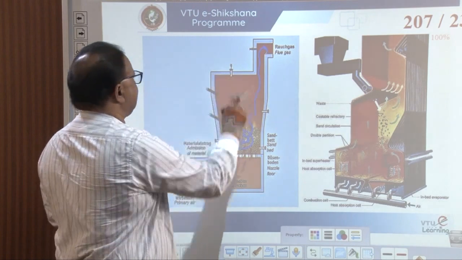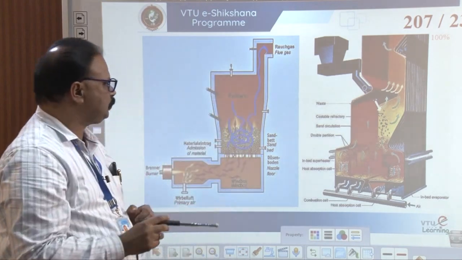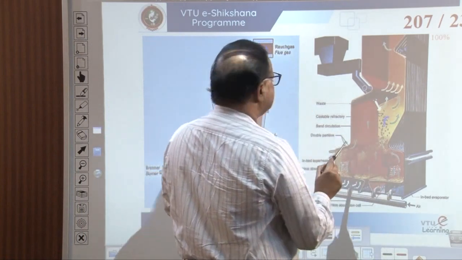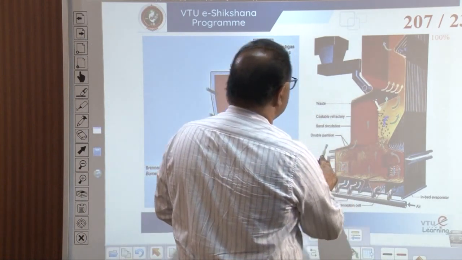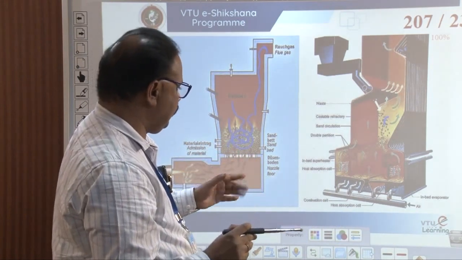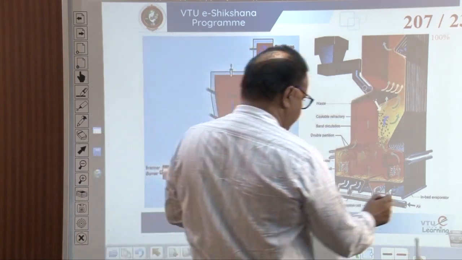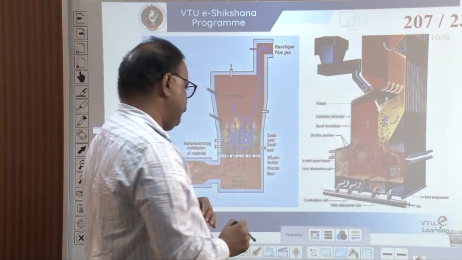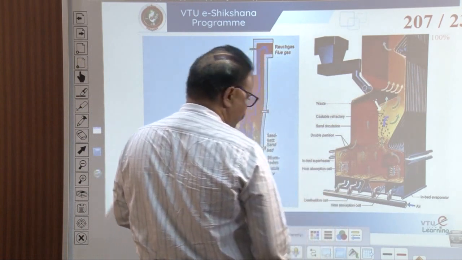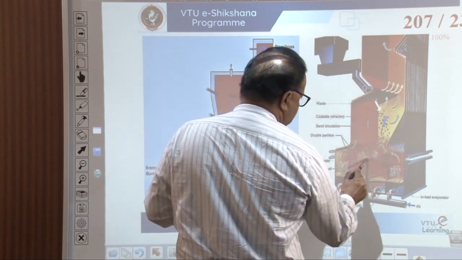This is called an incinerator. Here you can also see the waste, the sand bed, air movement, combustion and heat absorption. This is the high temperature burning.